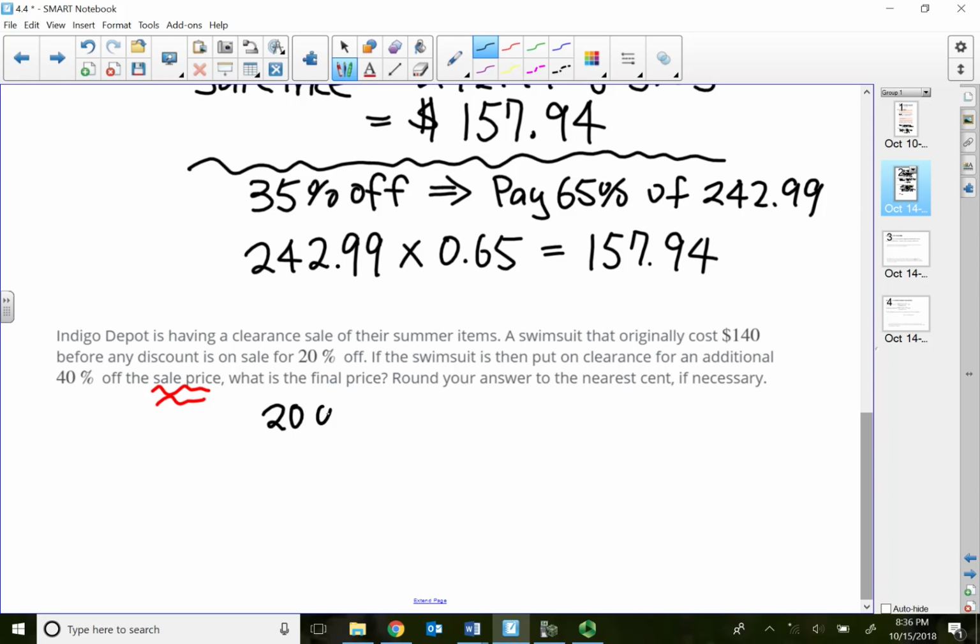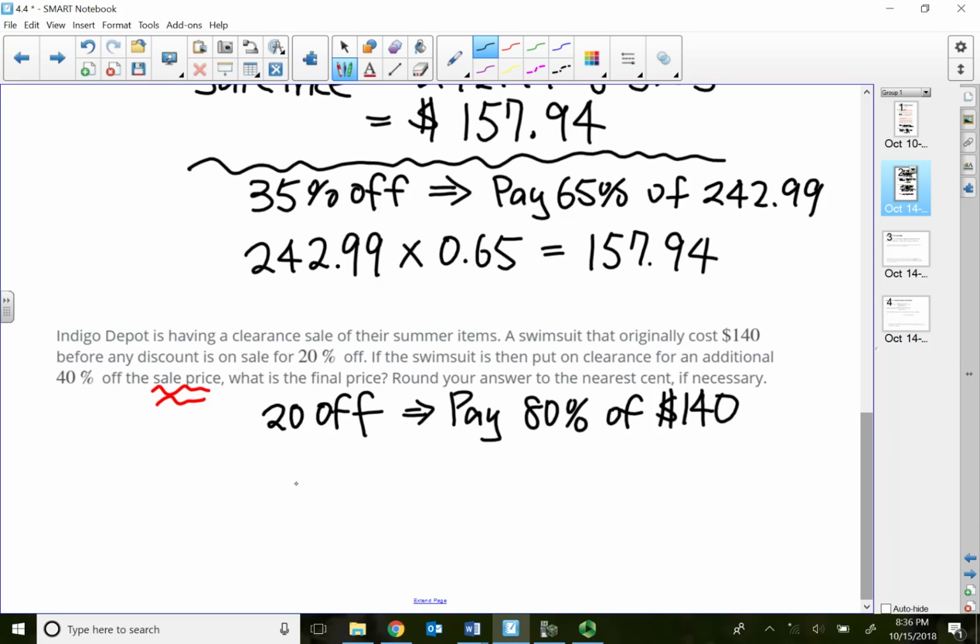20% off the original price means we will pay 80%, right? That's the complement of 20% off. We will pay 80% of that 140.